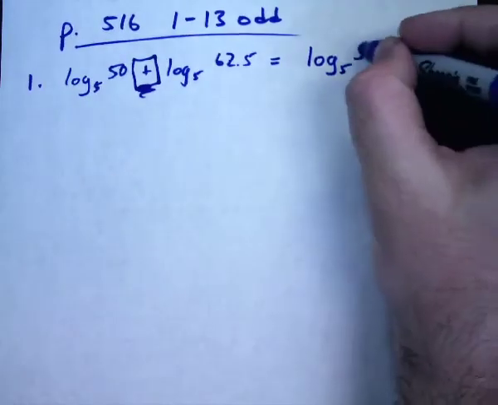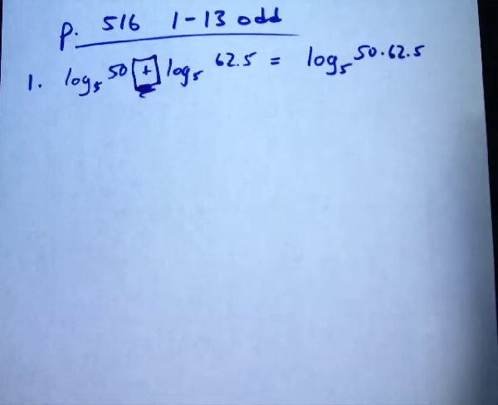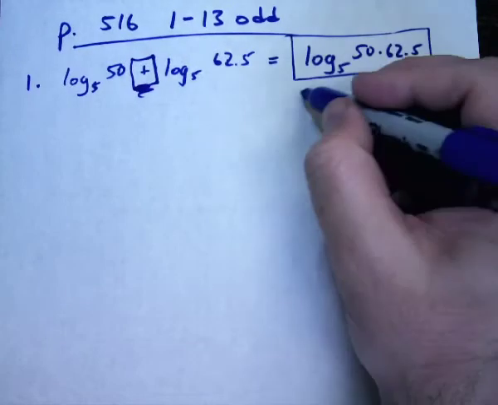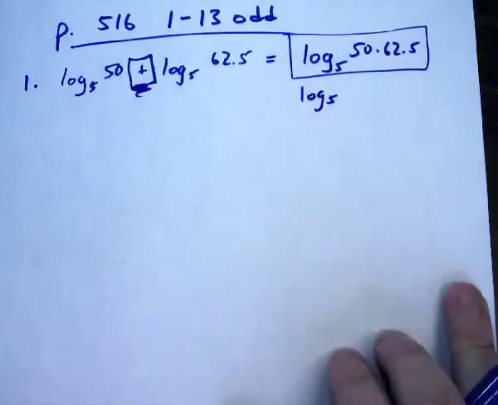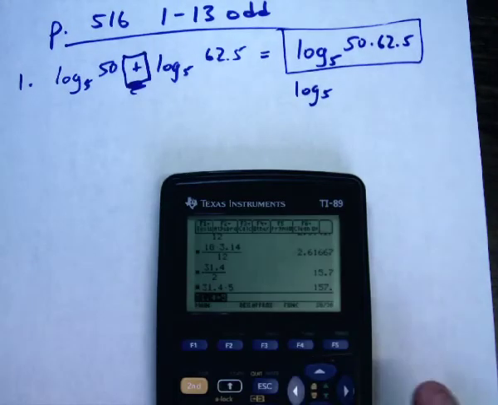So 50 times 62.5. That's the answer. If you'd like to do the multiplication, you can pull out your calculator. 50 times 62.5.